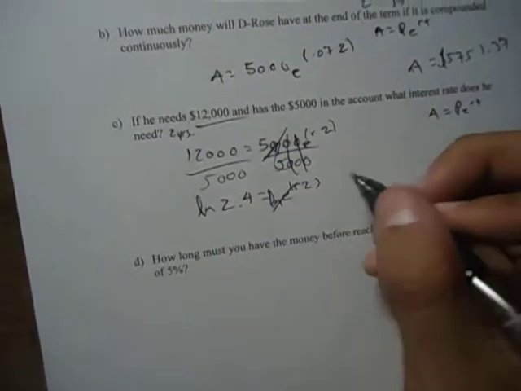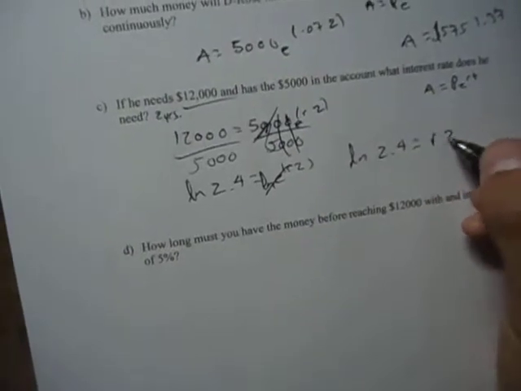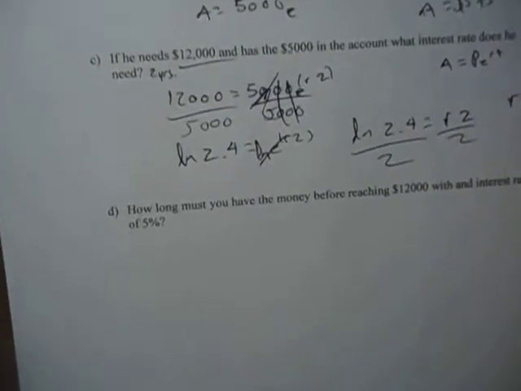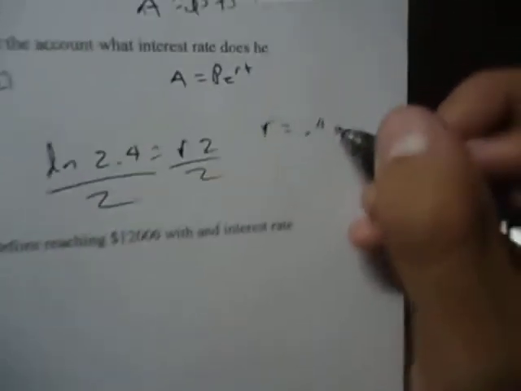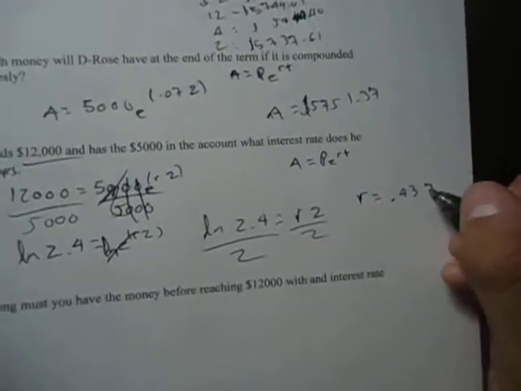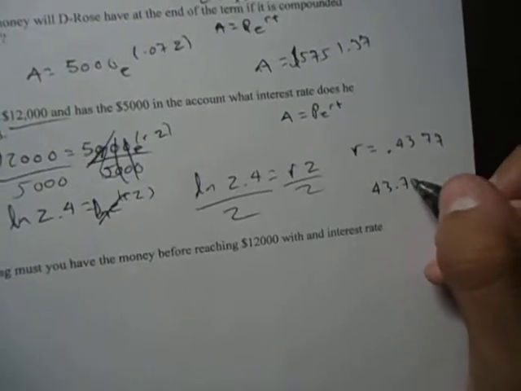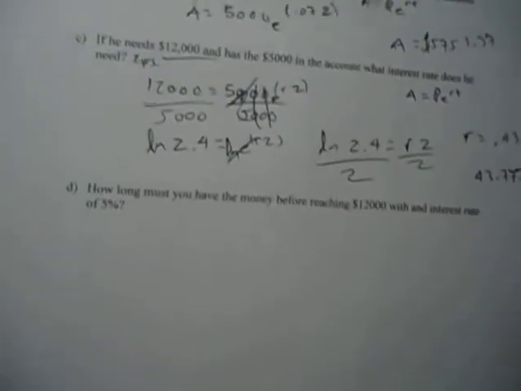So natural log of 2.4 is equal to 2r. And now we just divide by 2. When we take the natural log of 2.4 and divide by 2, we get r is equal to 0.4377. We move the decimal 2 places, which is 43.77%, and that is just not gonna happen.